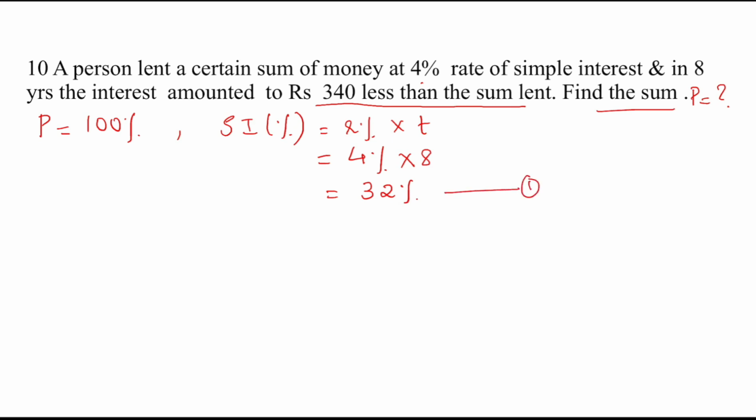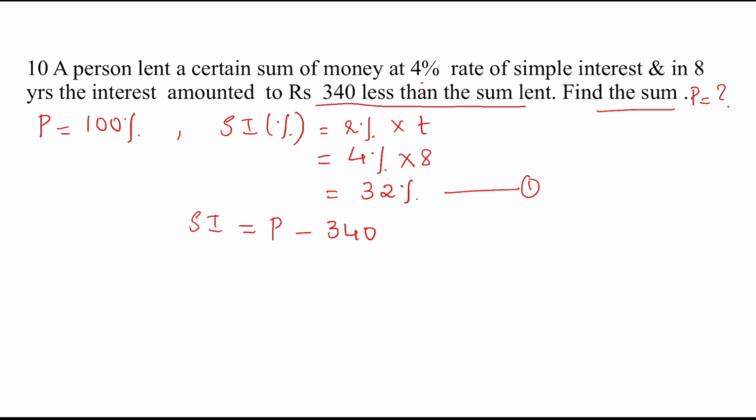Now it is said that a person lent a certain sum of money at 4% interest, and in 8 years the interest amounted to rupees 340 less than the sum lent. It means the interest is 340 less than the principal. So the simple interest we are getting is principal minus 340.